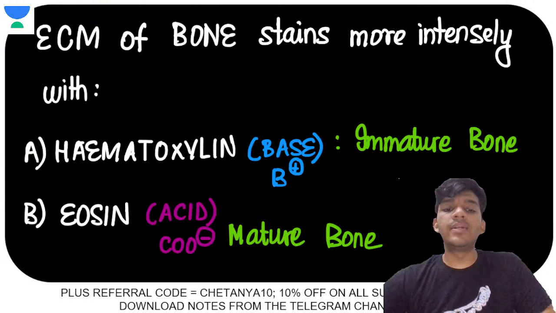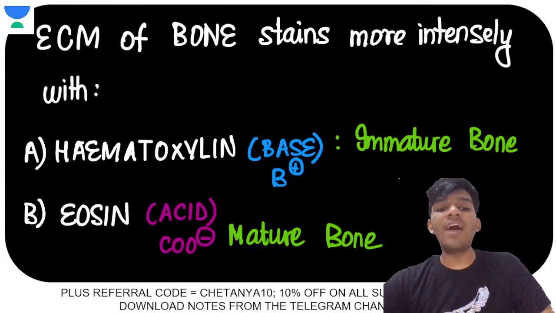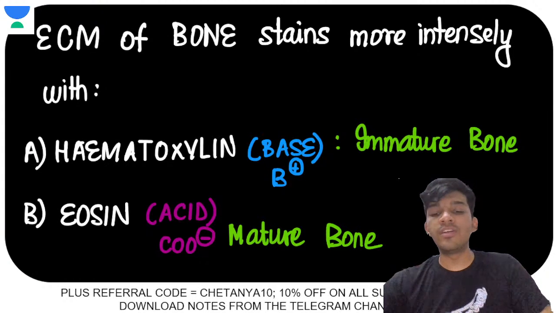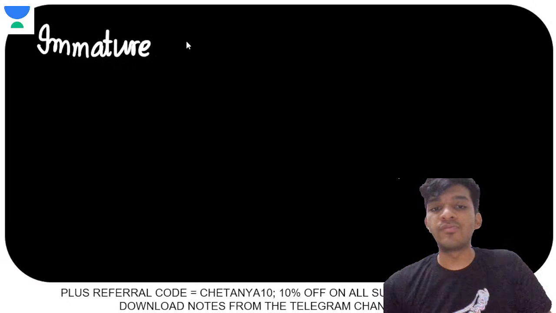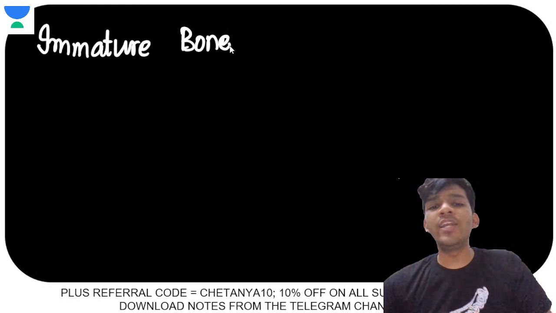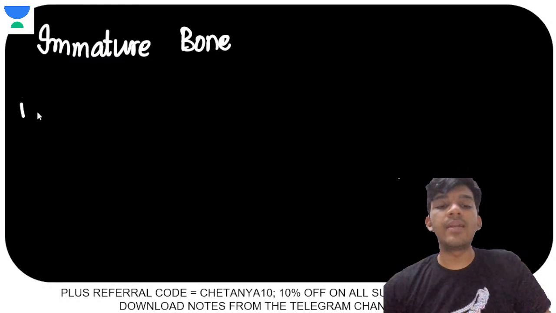Now, what I want you to understand is, in the adult, do you have immature bone? Of course, you have immature bone in the fetus. Where in adult do you think it is found? Why do you think a dentist puts braces?